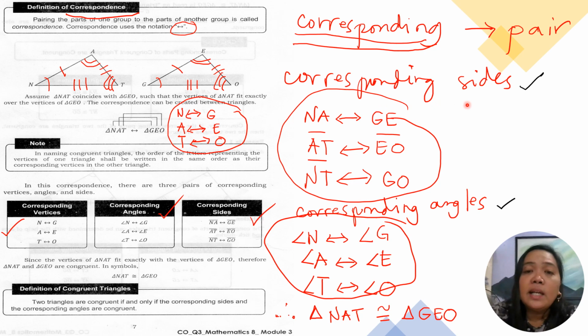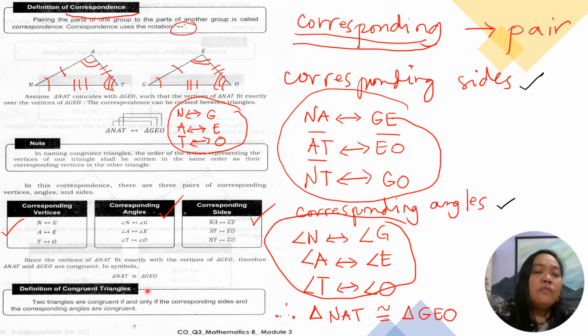Likewise, their corresponding sides and corresponding angles coincide. In other words, when you fit together triangle NAT and triangle GEO, they will coincide. So that makes us conclude that triangle NAT is congruent to triangle GEO because their vertices fit exactly with each other.